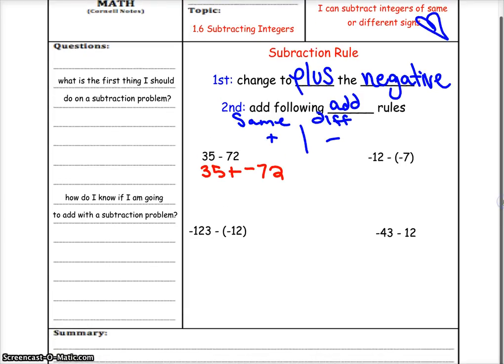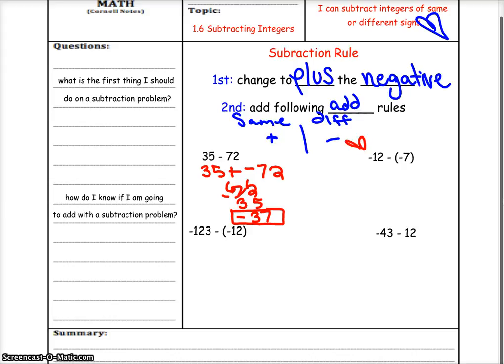So now they're different signs, a positive 35, a negative 72, so I need to subtract them. 72 minus 35 is 37, and I have more negatives, so it's negative 37. So the main target today is anytime you see a minus sign, you have to plus the negative.